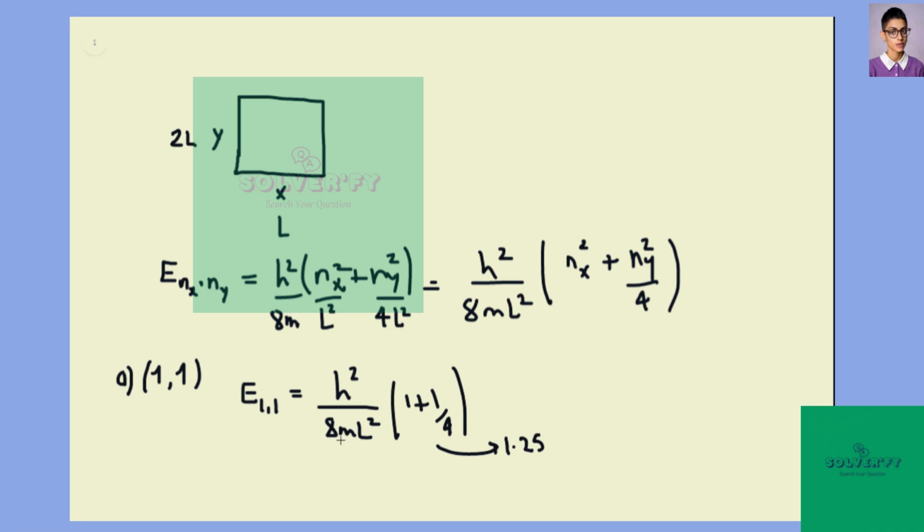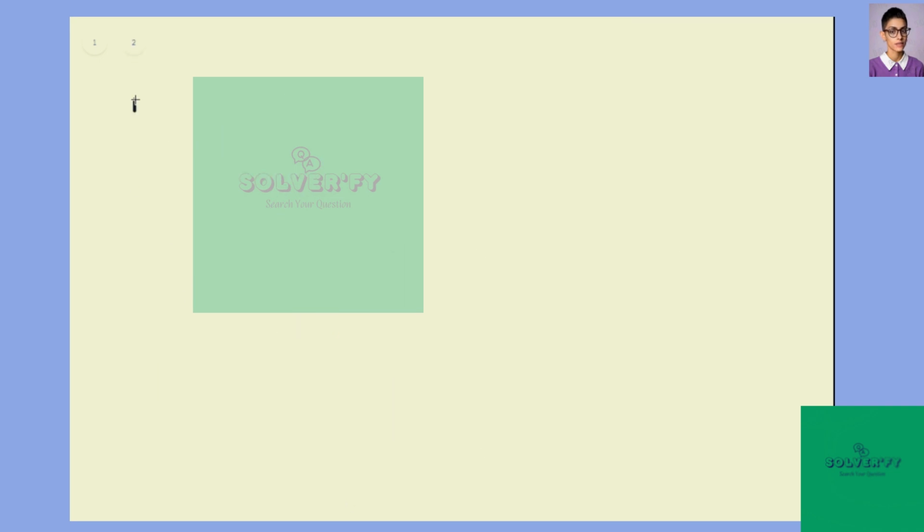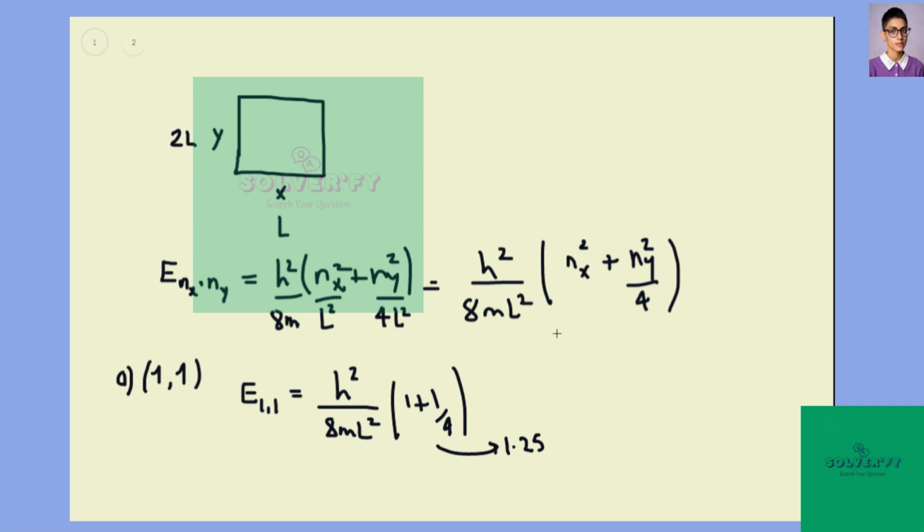Next, let's go to part B, where we need to find the energy of the first excited state. As you can see, the energy in terms of nx and ny is given by this relation. The next excited state would correspond to ny equal to 2 and nx equal to 1.